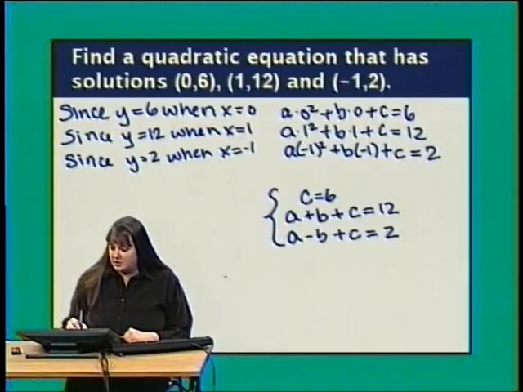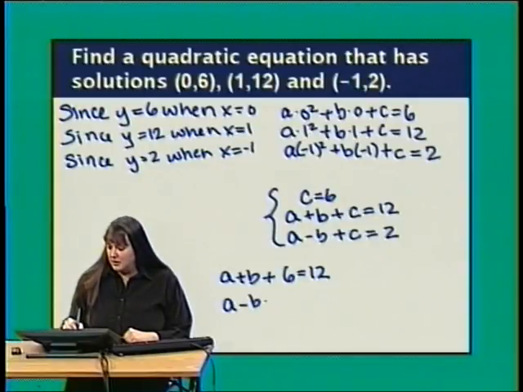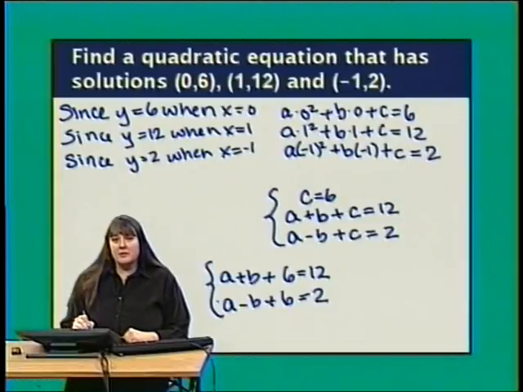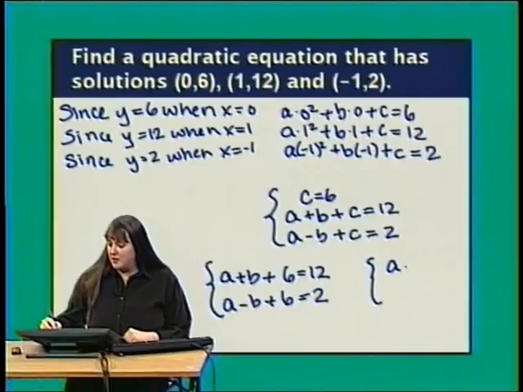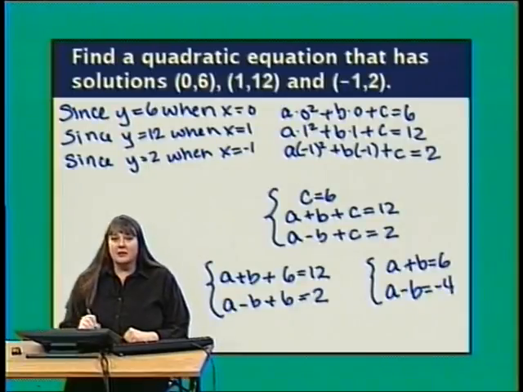So the second equation becomes a plus b plus 6 equals 12. And the third equation becomes a minus b plus 6 equals 2. Moving those constants over to the right-hand side, my first equation now becomes a plus b equals 6, and the second one, a minus b equals negative 4.